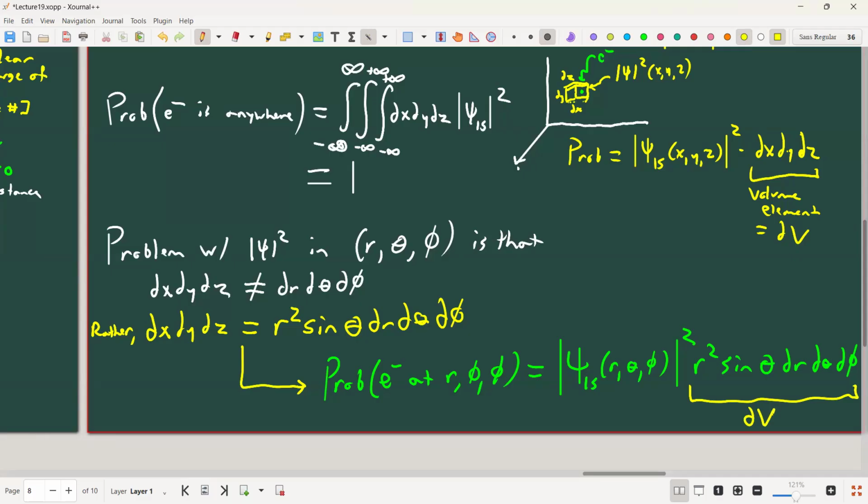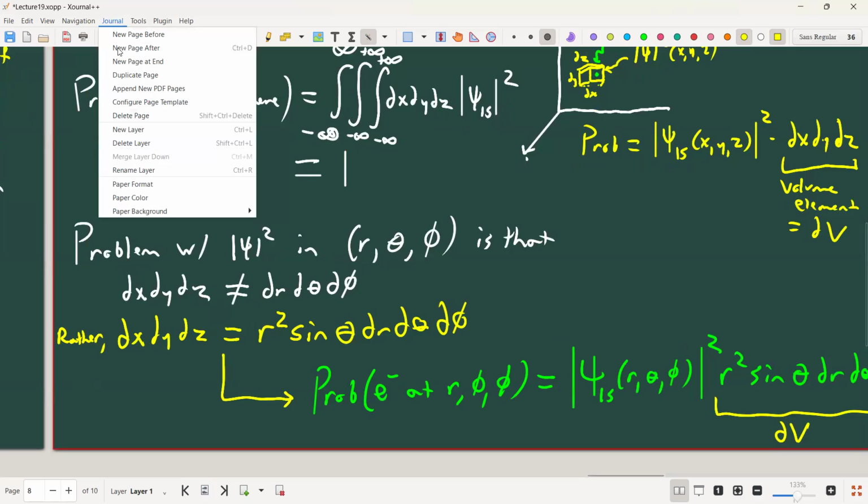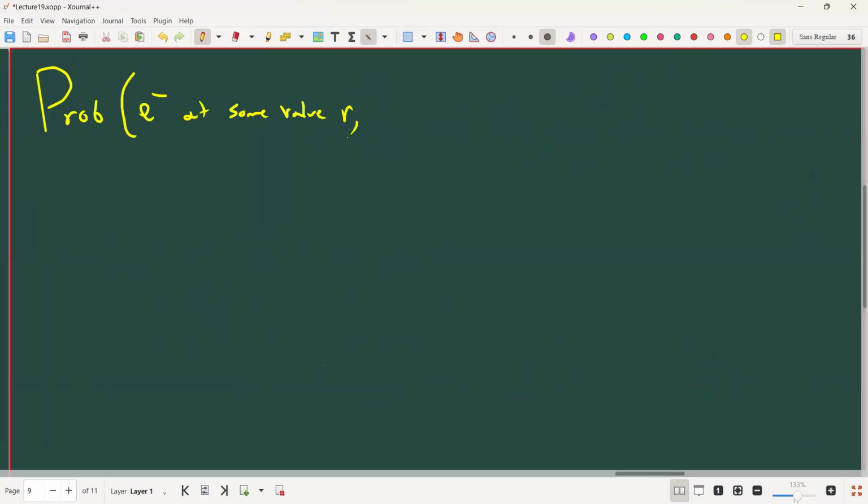So let's take this math and now think: I want to calculate the probability of the electron at some value r, independent of theta and phi. This will tell us something about where the electron is along its radial coordinate.